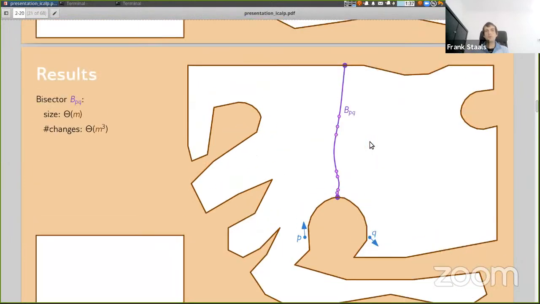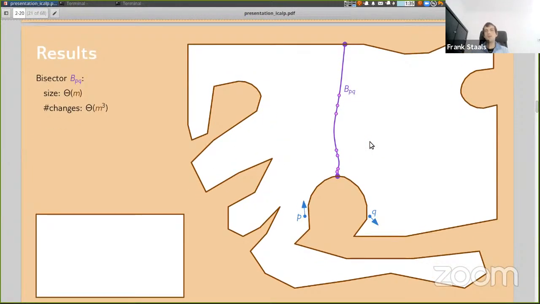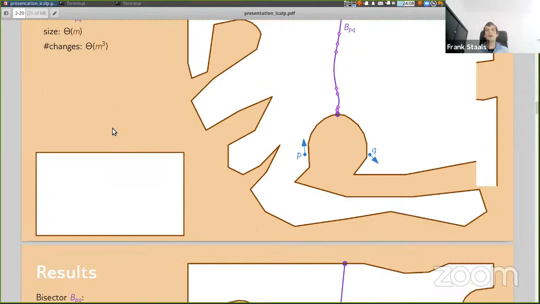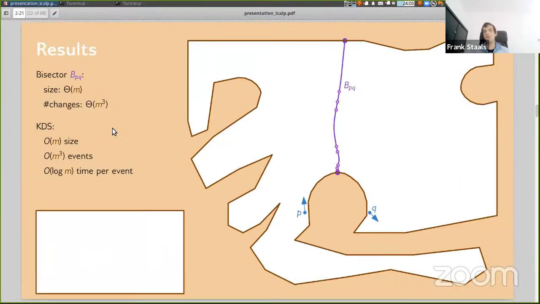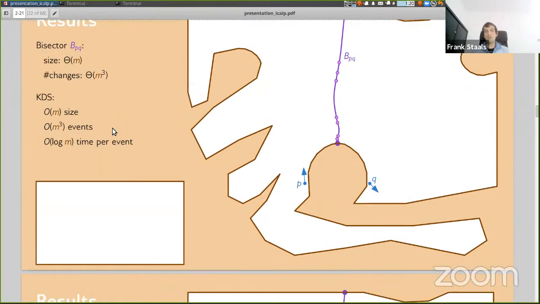What we show is that even if I have a single bisector, so just two moving points, you can already get a cubic number of changes, cubic in the complexity of the polygon. And we show that we can maintain this bisector efficiently.